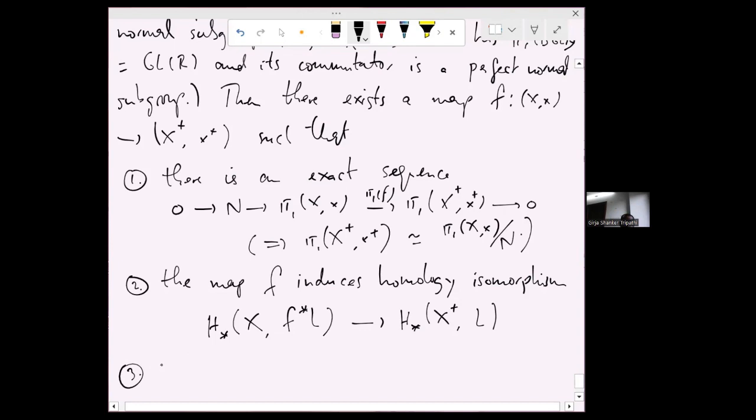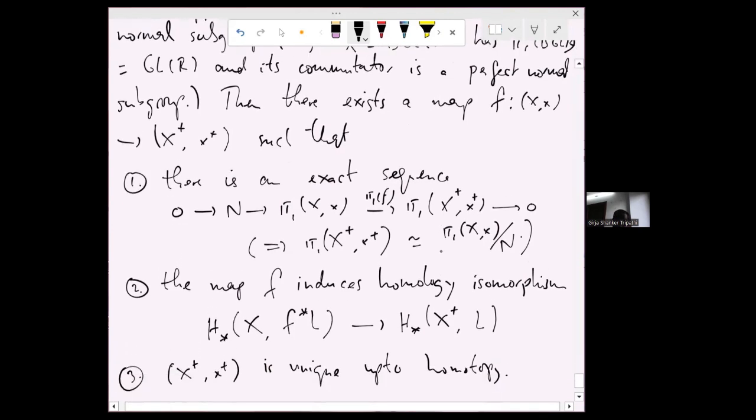So I'll just write it. This X plus is unique up to homotopy. Okay, so its construction is a little bit involved, but it's still quite basic.